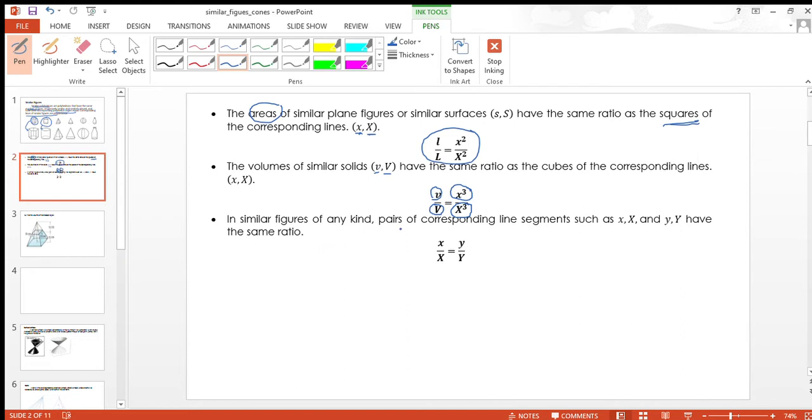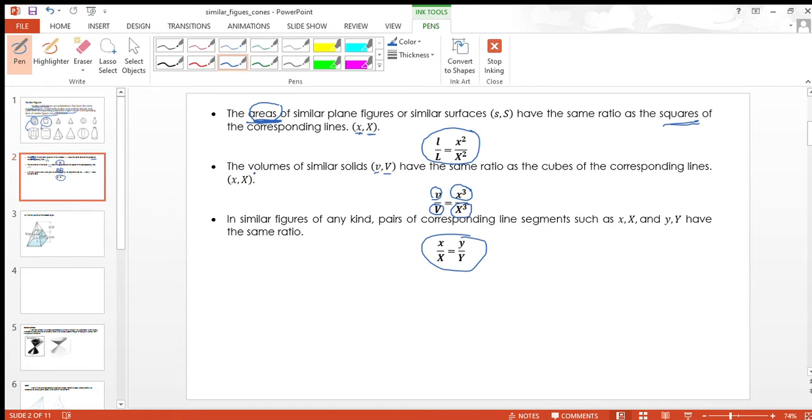And in similar figures of any kind, pairs of corresponding segments will have the same ratio. So basically, when we are looking at similar figures, we are just using the principle of ratio and proportion. But then again, if the problem is involving areas, we square the corresponding sides that we are looking at.